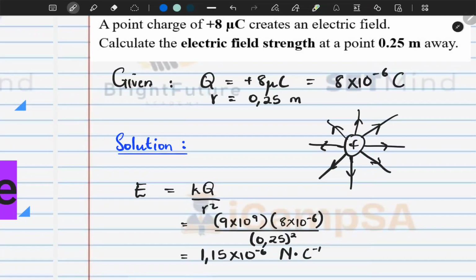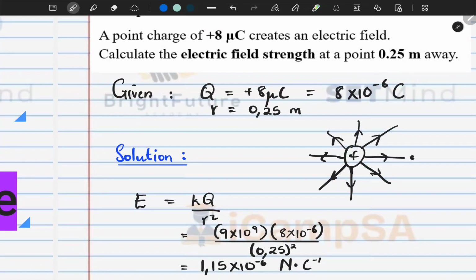So the way you determine direction is you imagine that if you place a positive test charge within the field that is being generated by this point charge, where will that test charge go, right?